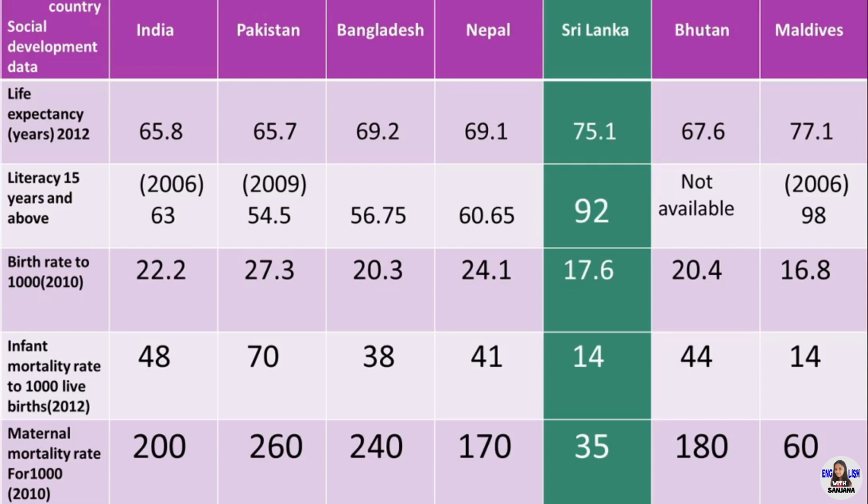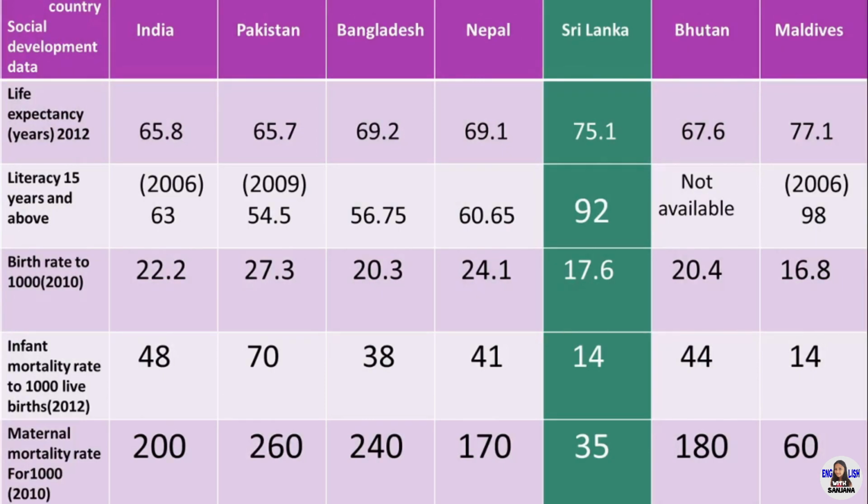Birth rate: India 22.2, Pakistan 27.3, Bangladesh 20.3, Nepal 24.1, Sri Lanka 17.6, Bhutan 20.4, Maldives 16.8.